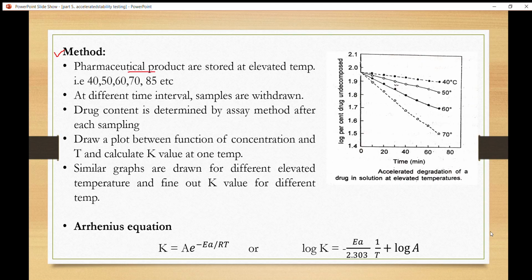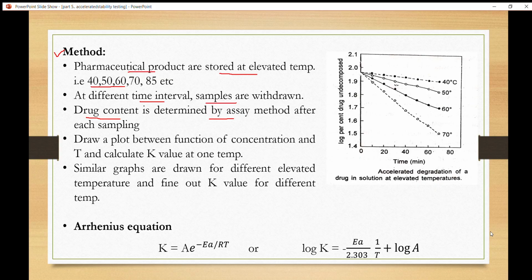For that, the pharmaceutical product is stored at different elevated temperatures, and the temperature may be 40, 50, 60, 70 degrees Celsius, etc. Then at different time intervals, a sample from each pharmaceutical product is withdrawn, and this sample is assayed using a suitable assay method to determine the drug content present in that sample at a particular time period.